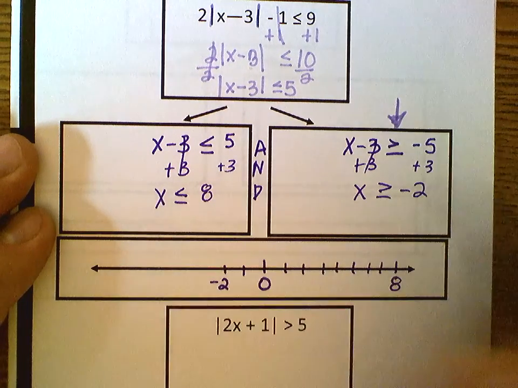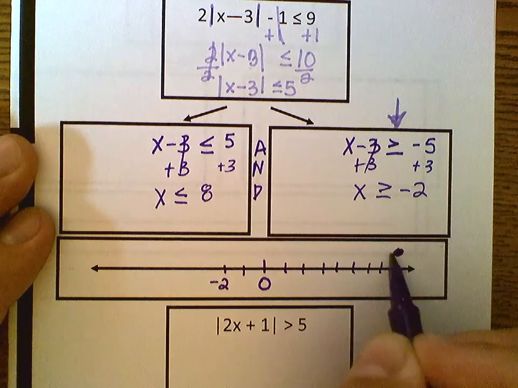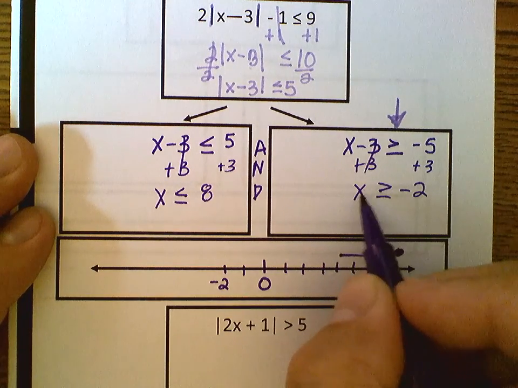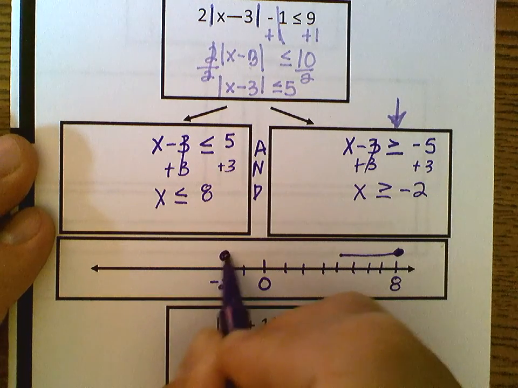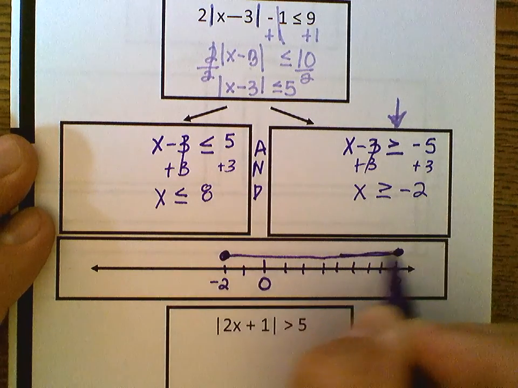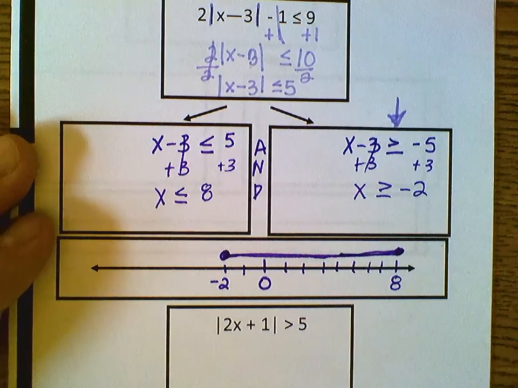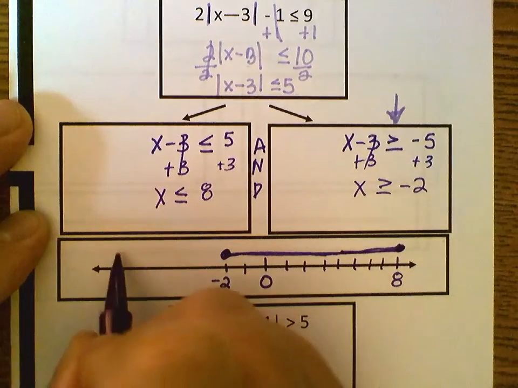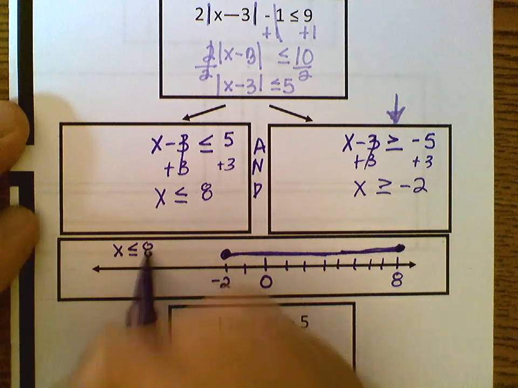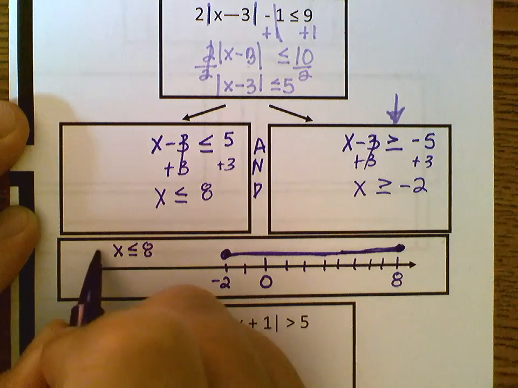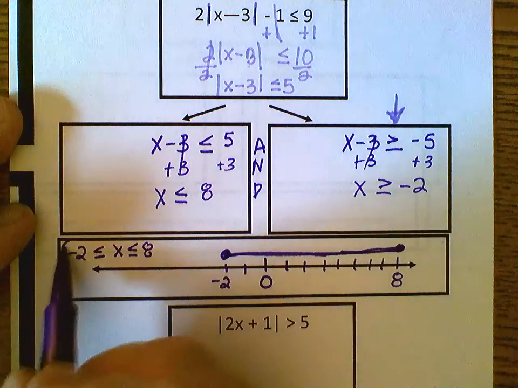This says x is less than or equal to 8. Less than or equal to is going to have a closed circle going this way. This one says x is greater than or equal to negative 2. That's also a closed circle going this way. So this looks like the typical and inequality graph. And the way we could write our answer in inequality or set notation would be this.